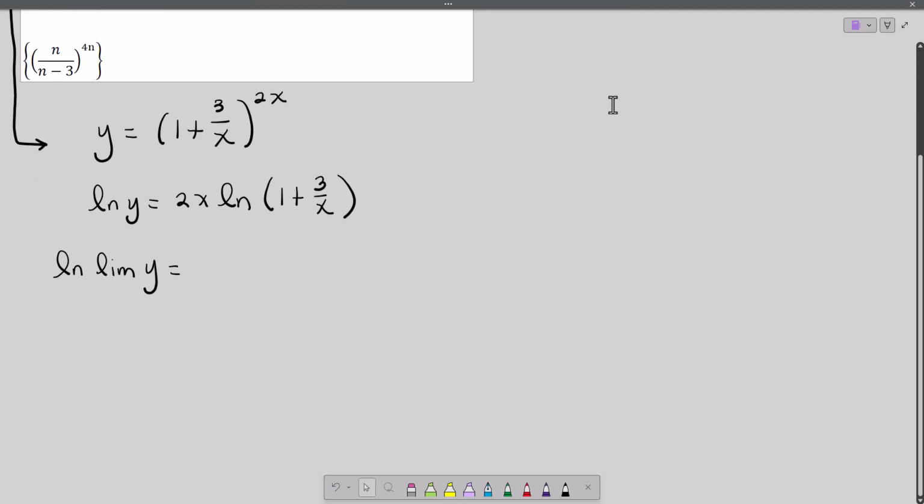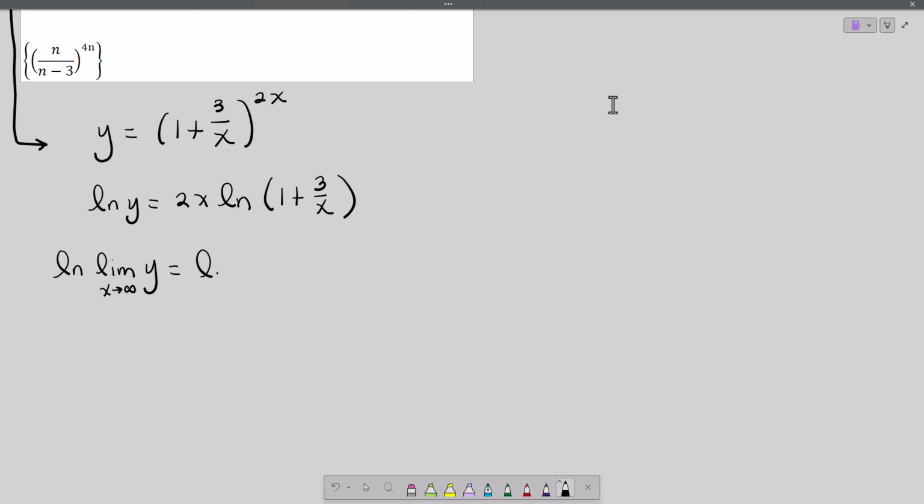On the left-hand side, when we take the limit, we move it inside the log. The log function is a continuous function, and we have a property that says the limit symbol can move inside of continuous functions. So log is continuous, so the limit can move to the inside.